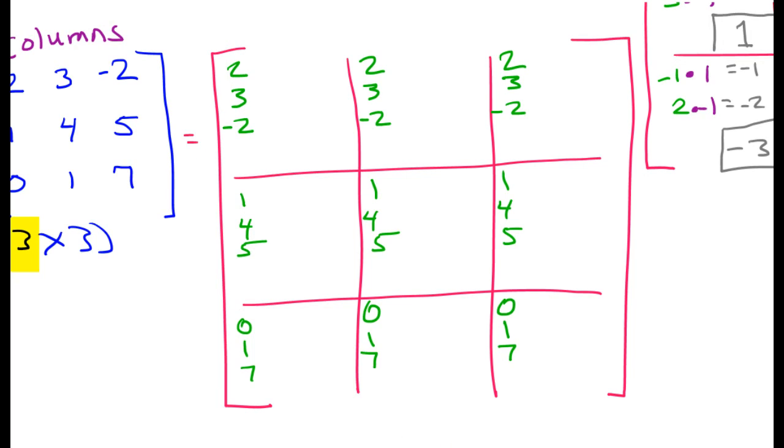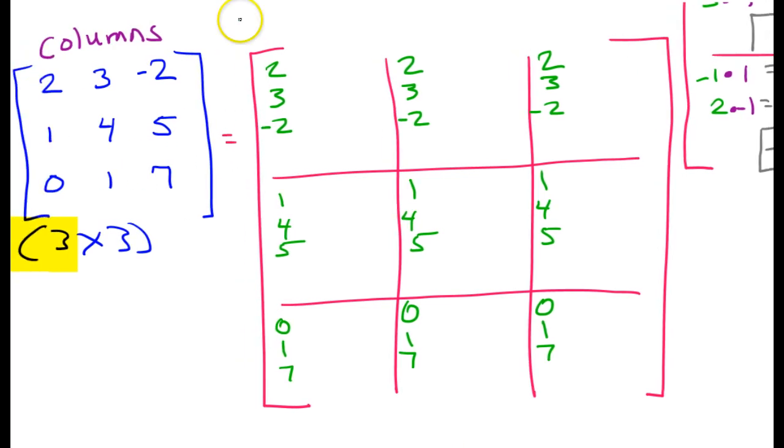Now it's time for the columns. Okay, this is column 1, 2, 1, 0. Column 1 will go down column 1. So I will have times 2, times 1, times 0 repeatedly.